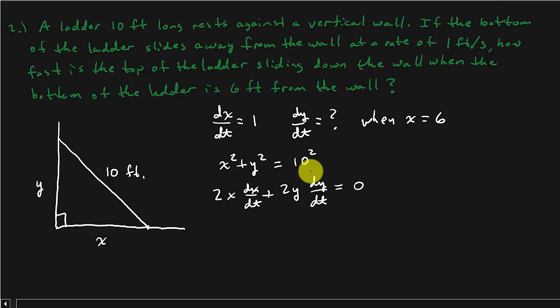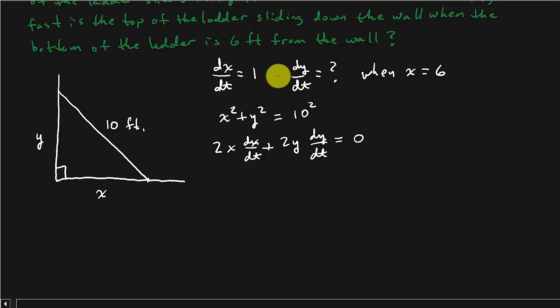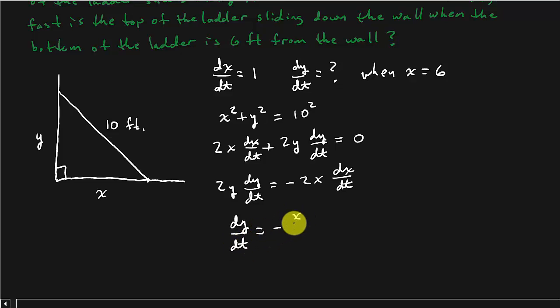Now we need to know the change in y, dy/dt. So let's solve for dy/dt. I get 2y dy/dt is equal to negative 2x dx/dt. Dividing both sides by 2y, dy/dt is negative x over y times dx/dt.